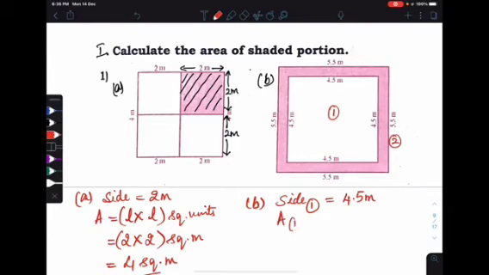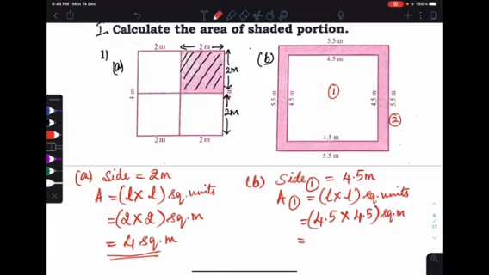So the area of the first figure is equal to side into side, is equal to L into L square units, is equal to 4.5 into 4.5 square meters. This is equal to 20.25 square meters.